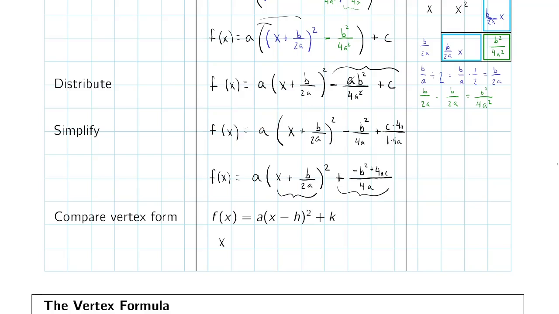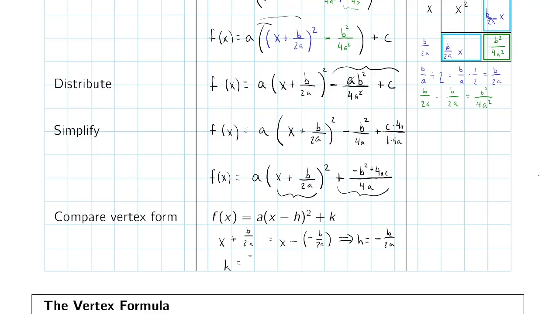We have x plus b over 2a, that's x minus the opposite of b over 2a. So h is the opposite of b over 2a. And then k is easier to see.